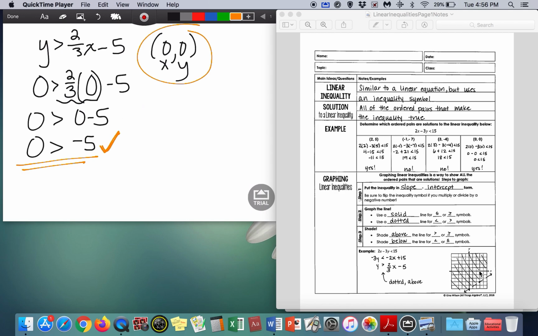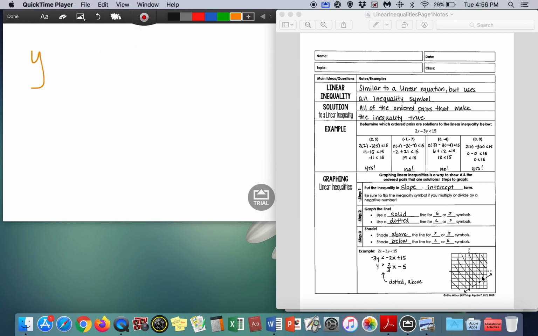So what if we did 1, 2, 3, 1, 2, 3, 4? I think that's that point right there. I'm sorry, 3, negative 4. That would be below the line. So if I test the point 3, negative 4, it's going to look like this. Here's the inequality.